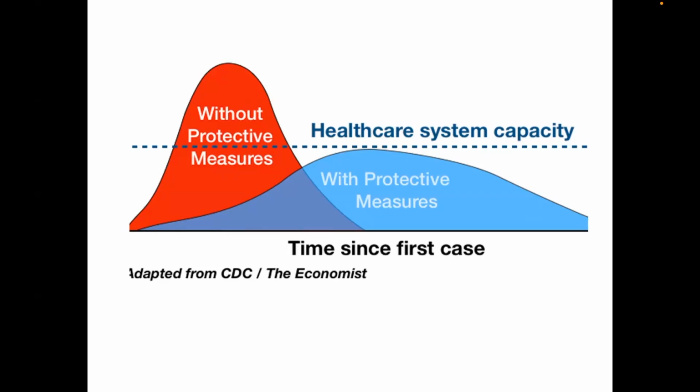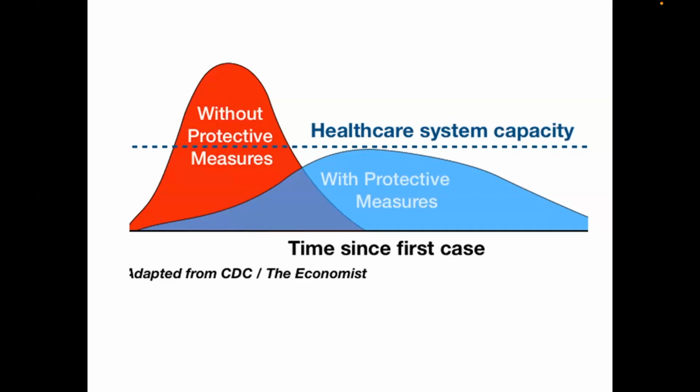When we say an epidemic, you have a number of clinically confirmed cases which exceeds the normal expected number. As you can see, shaded in red and in blue, the dotted line is the healthcare system capacity.